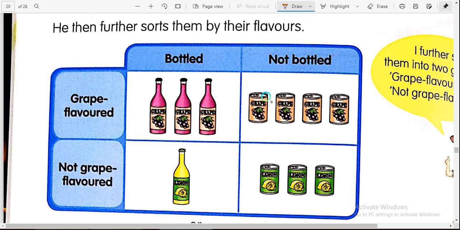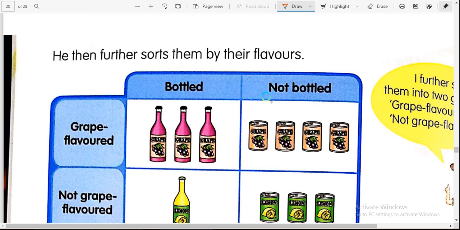I didn't write bottled and canned, or grape and lemon. I write bottled and not bottled, grape flavored, not grape flavored. If I said lemon flavored, not lemon flavored, it would also be right, but it depends on the question. Here in this solved example, he told you grape flavored, not grape flavored.